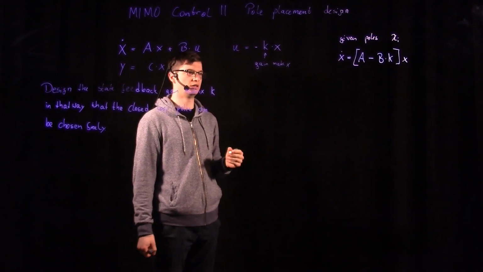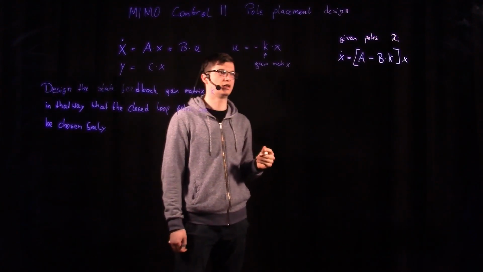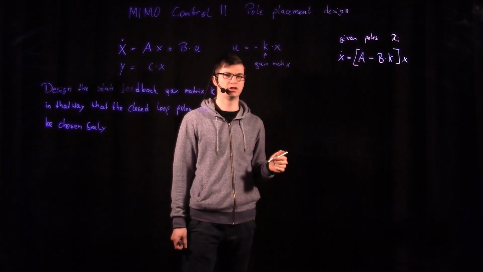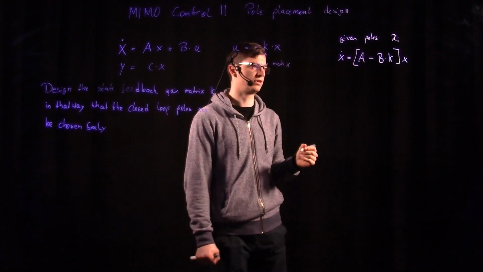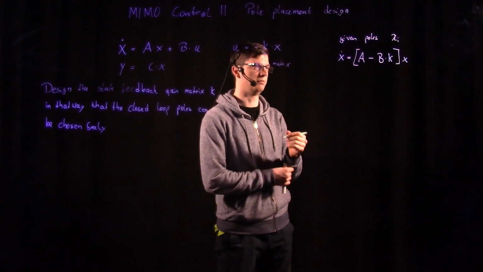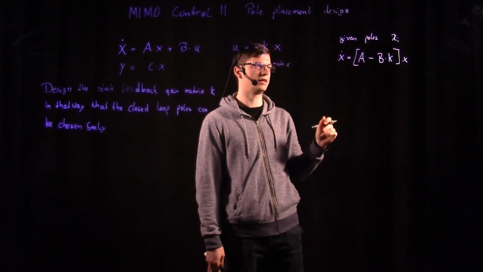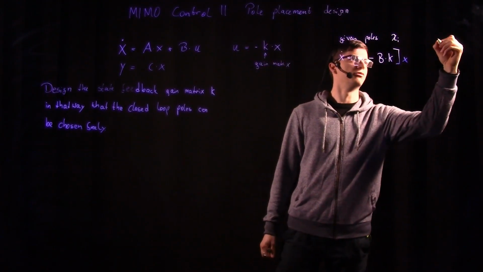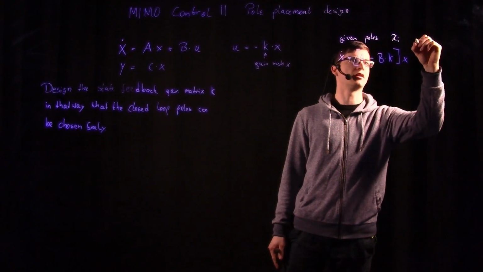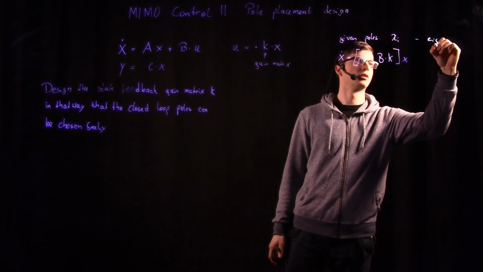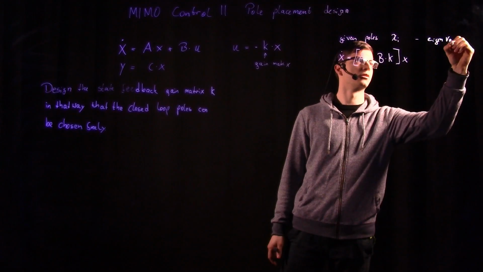That's what we need right now. And then we can derive from this expression a whole eigenvalue problem with the eigenvalues lambda. So the poles will be the eigenvalues, and the eigenvectors v. So those are eigenvalues.